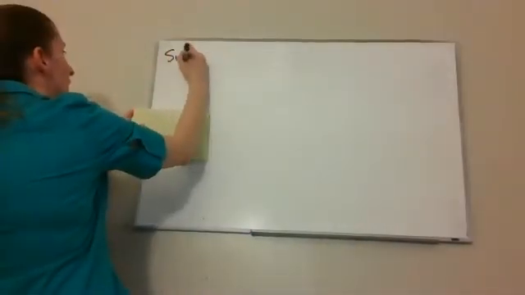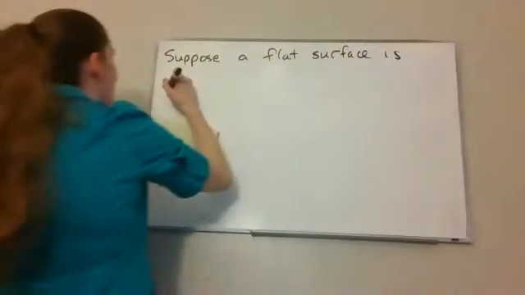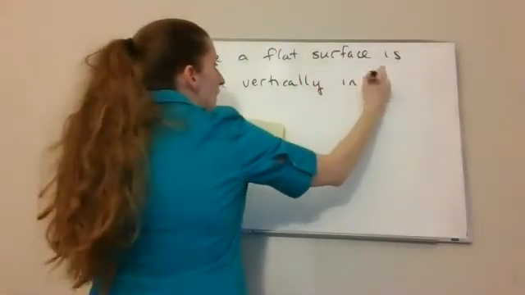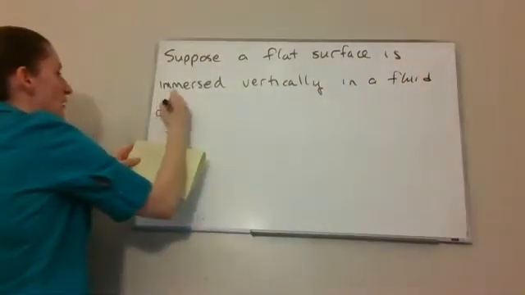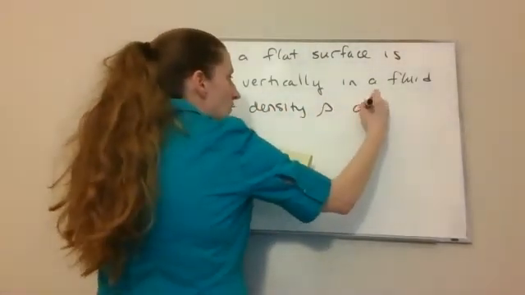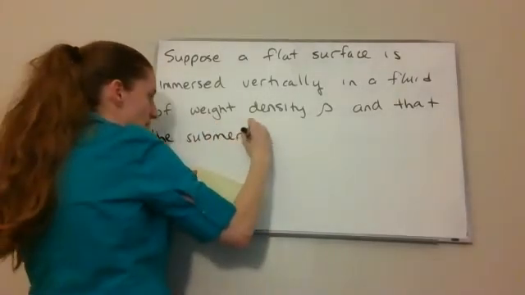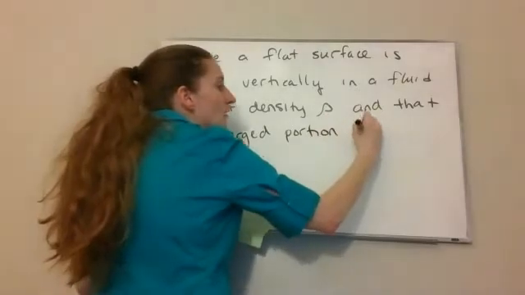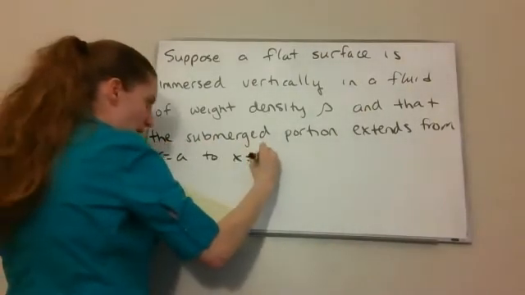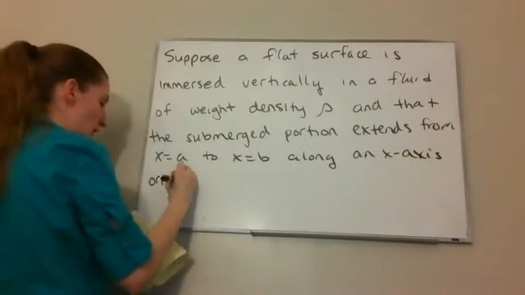So suppose a flat surface is immersed vertically in a fluid of weight density rho, and that the submerged portion extends from x equals a to x equals b along an x-axis that is oriented downwards.